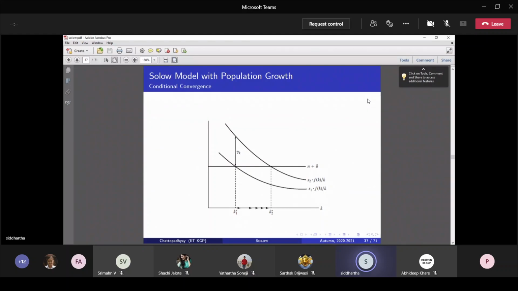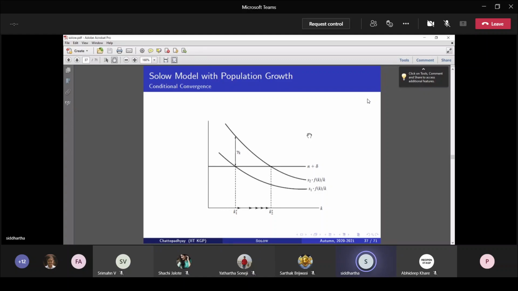This is clear. But another thing is very clear from here. Even the steady states of these two economies are different. If the steady states of the two economies are different, then that particular prediction that the poor country is growing at a higher rate than the rich country in the short run does not apply. Is it clear from this figure?